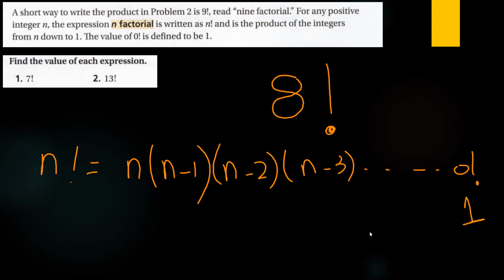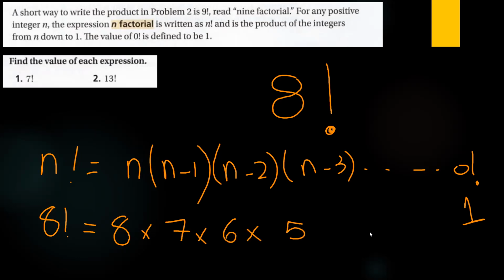If you have to find 8 factorial, you put 8 times 8 minus 1, 7, times 8 minus 2, 6, times 8 minus 3, 5. You count until you reach 0. And multiplying by 0, you will not say 0, because 0 factorial is 1.